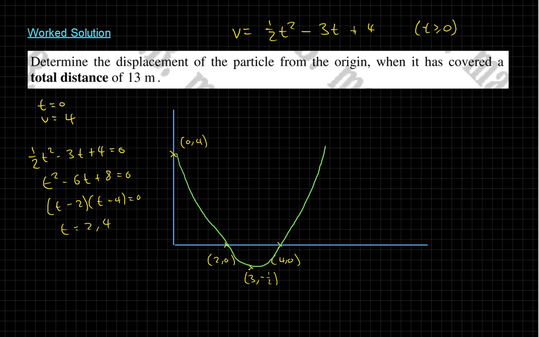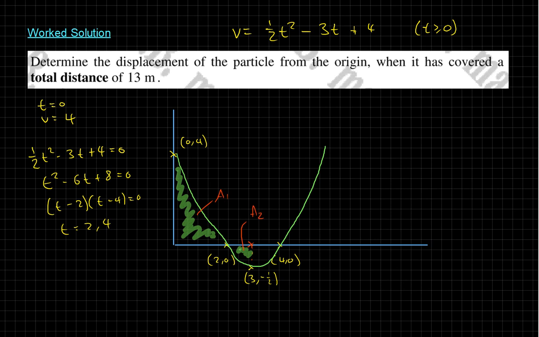When I'm at, let's say, this time, what is my displacement and my distance? Well, my two areas, let's shade them. That's my first area and that's my second area. Let's call them A1 and A2.